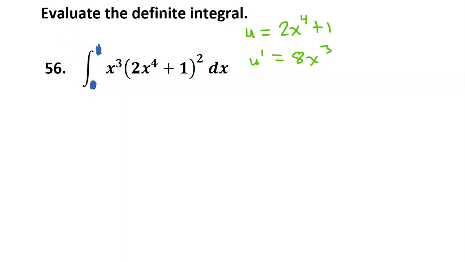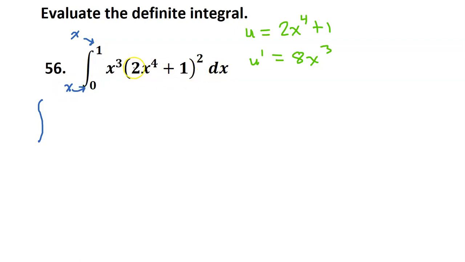Let's go ahead and do the substitution. But like I said, as I write this down, I'm going to very carefully avoid writing down the 1 and 0. The reason why is because these are x's. X equals 1, x equals 0.